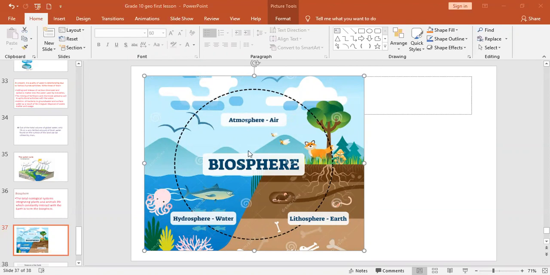Here you can see living components and non-living components. These living and non-living components affect the existence of the biosphere. There are two factors that affect the process in the biosphere. Here you can see living components. Here fish, and animals in the land area, animals in the air, the atmosphere.